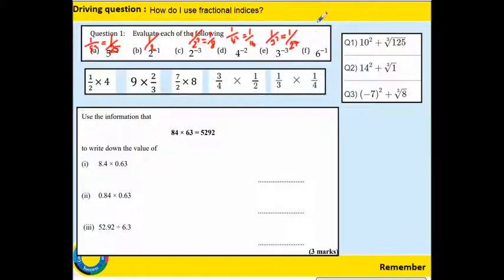And 6 to the power of negative 1 is 1 over 6.